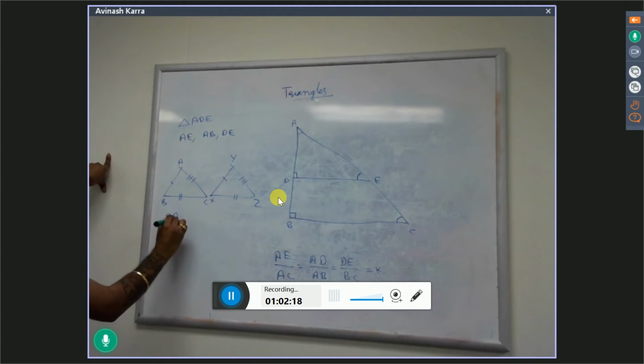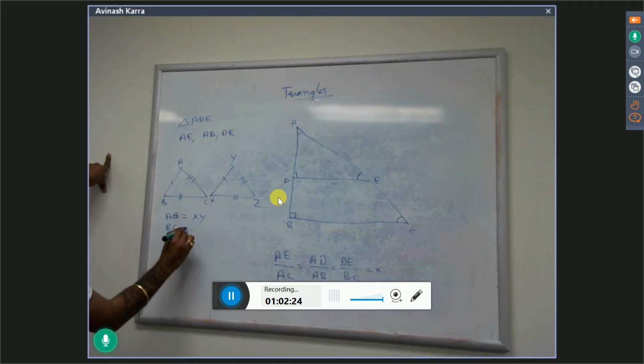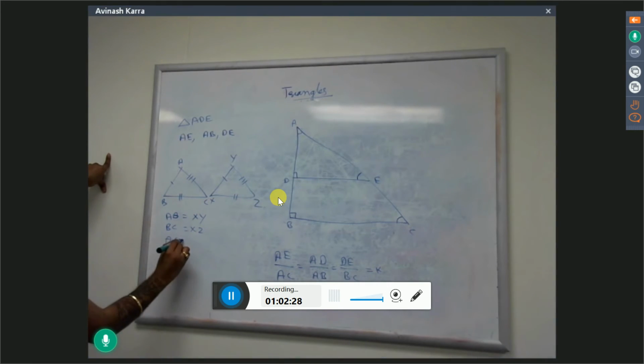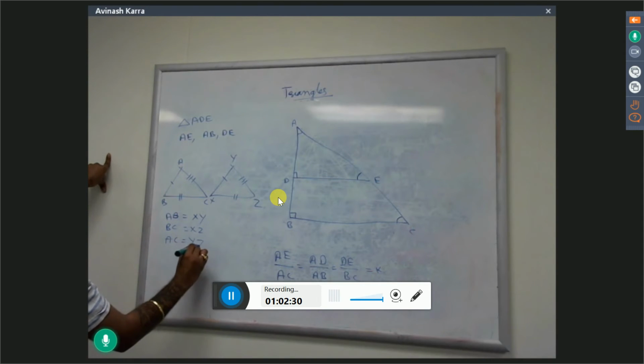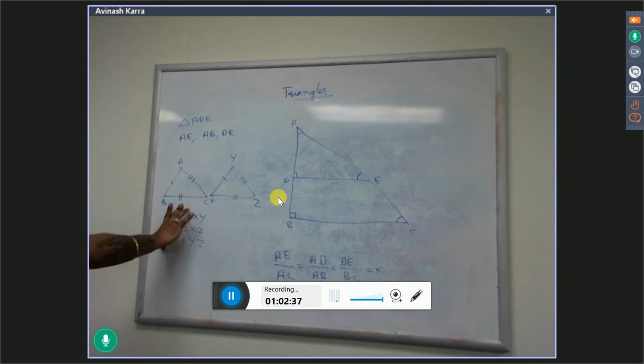I'm saying XY, XZ. They are similar and they are equal. So it is called congruent. But all similar triangles are not congruent. But all congruent triangles are similar.